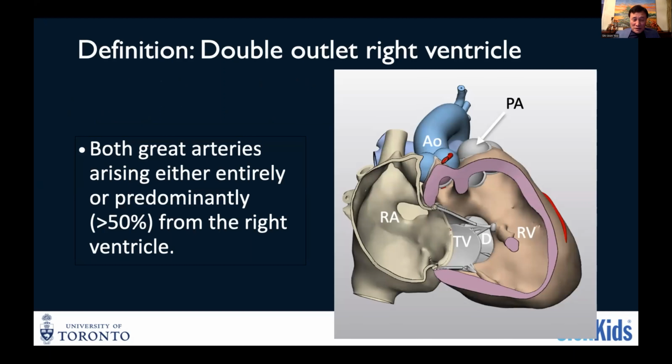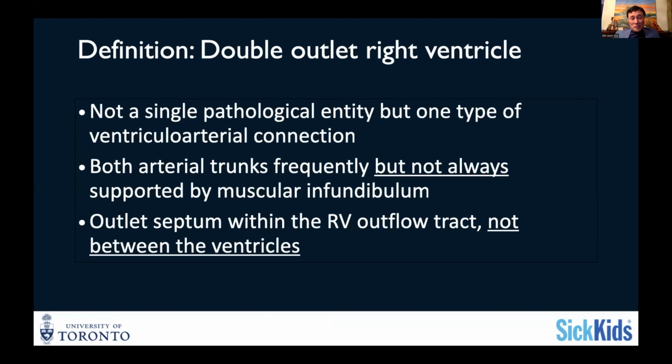What is double outlet right ventricle? The definition is both great arteries arising either entirely or predominantly, which means more than 50%, from the right ventricle. With this definition, you have 1,000 different double outlet right ventricles. So it can be described in such a way: double outlet right ventricle is not a single pathological entity, but only one type of ventricular arterial connection.